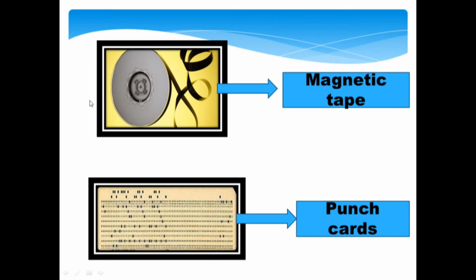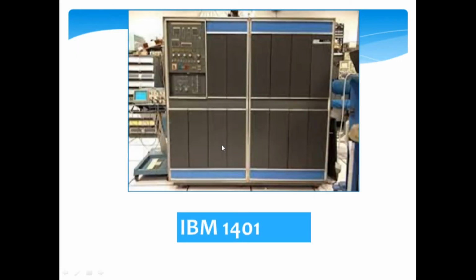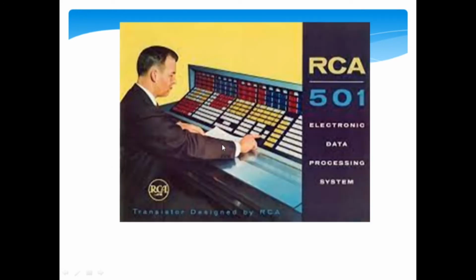Magnetic tapes and punch cards are used in second generation computers to input and output data. And in second generation computers they used transistors as electronic components. Okay, this is a transistor. Examples of second generation computers are IBM 1401 and RCA 501.